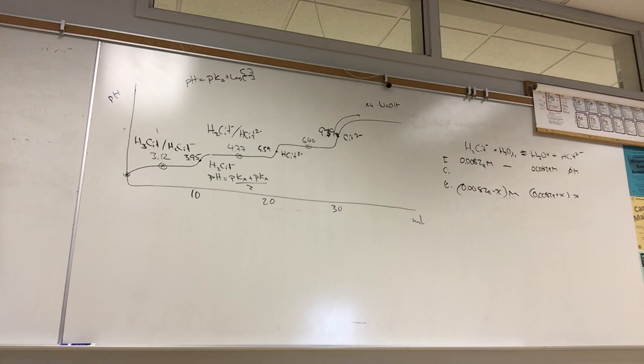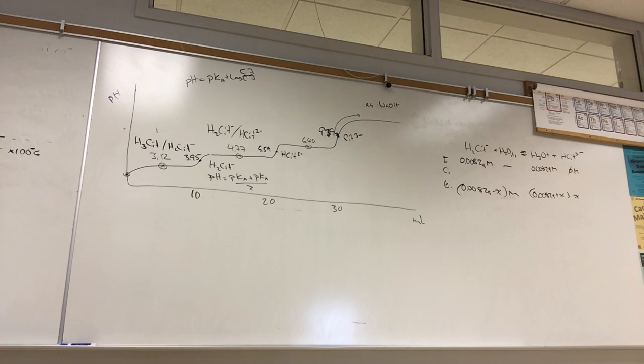The percent change would be 1.7 times 10 to the minus 5 divided by 0.00829, times 100, which is 0.2%. Okay. So the common ion effect was significant there. We didn't get much change here, so the simplifying assumption worked there.